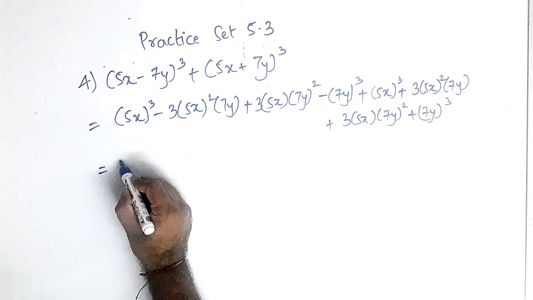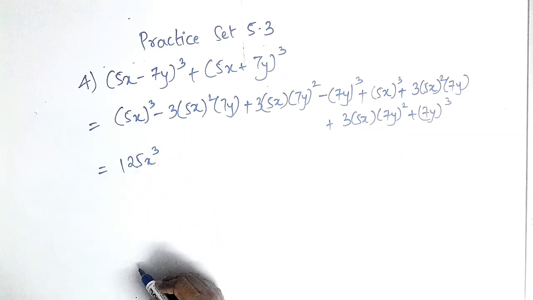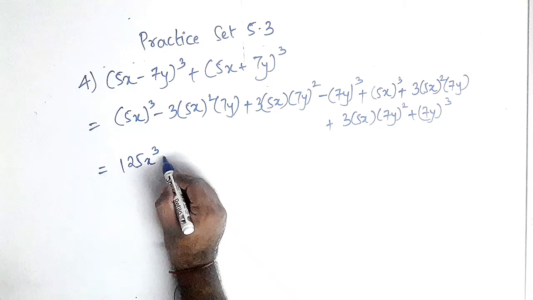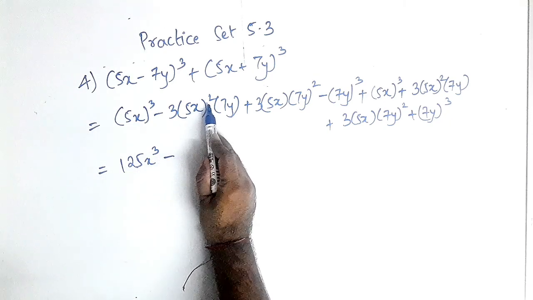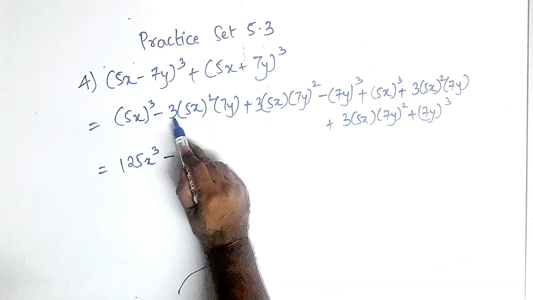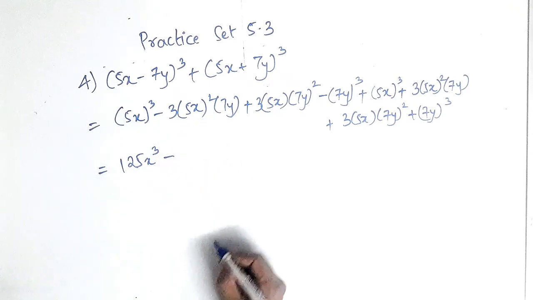Now 5x cube is 125x cube, minus this is 25, 5 square is 25, 3s are 75, 7 times is how much?